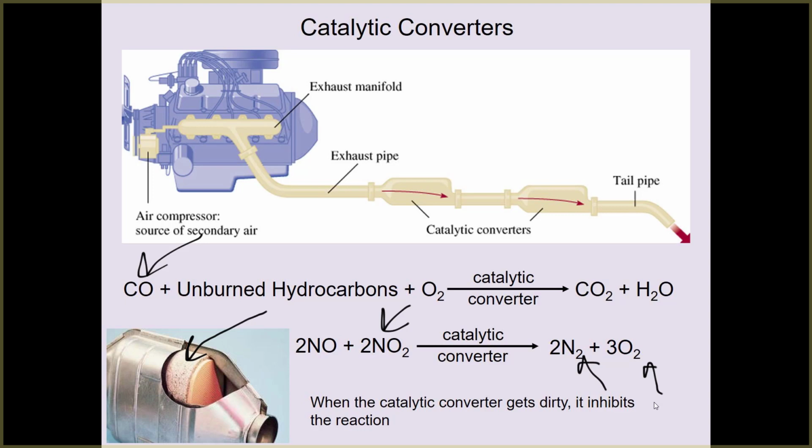It has lots of surface area, so there's lots of places for these bad gases to react with each other. So they will line up, and because they're lined up correctly, that orientation is just as it should be. And so very quickly it can react to form carbon dioxide, nitrogen gas, and oxygen gas, and some water vapor.